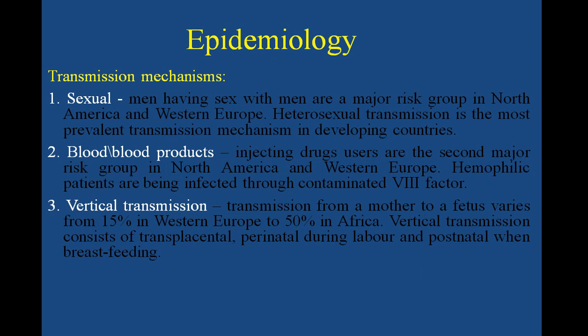Epidemiology, transmission mechanism: it's sexual. Men having sex with men are a major risk group in North America and Western Europe. Heterosexual transmission is the most prevalent transmission mechanism in developing countries.